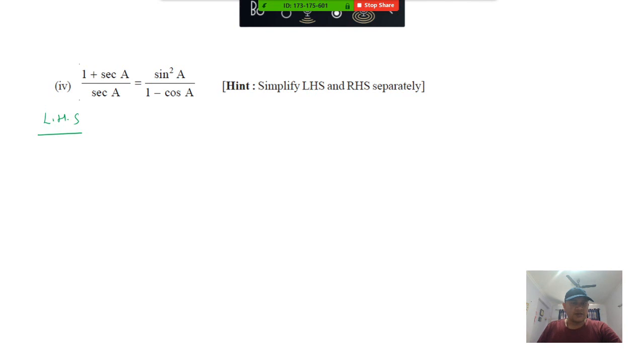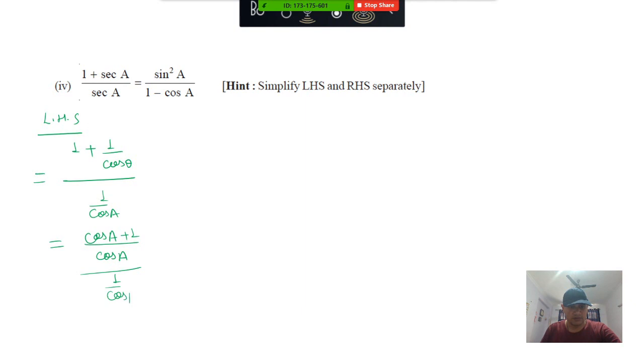Let's change all the sec a into cos a. So 1 plus 1 upon cos a, upon 1 upon cos a. Let's take cos a as LCM in the numerator. So this becomes cos a plus 1 divided by 1 upon cos a.